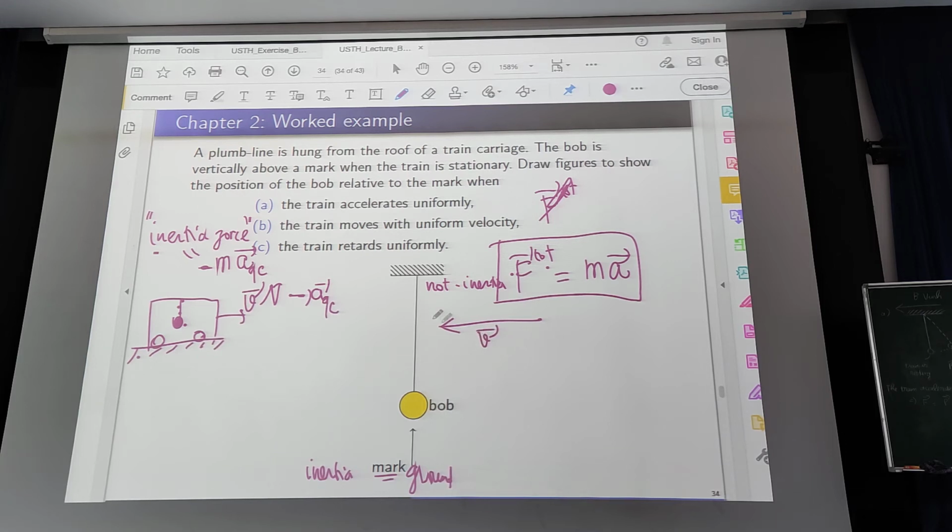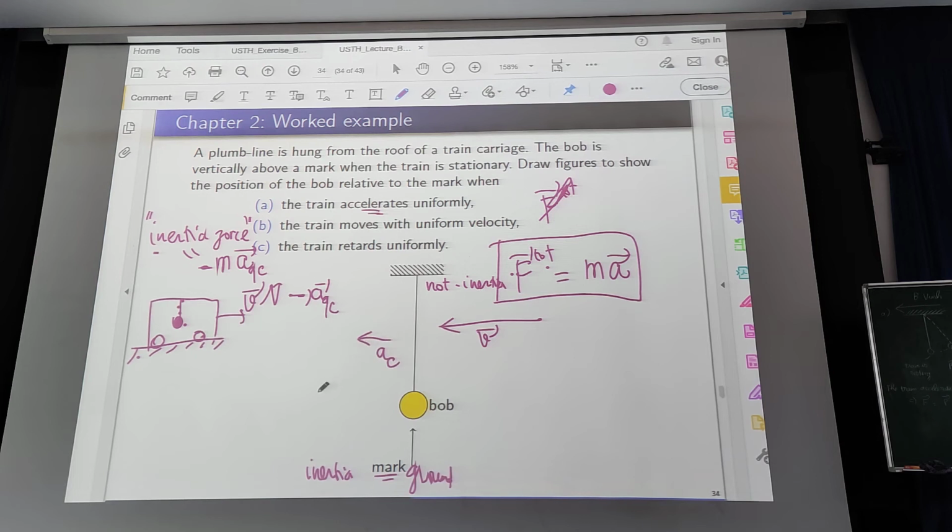So in case A, if the train goes to the left and then accelerates, the acceleration of the train is in the same direction as the velocity. So you have a in this direction.